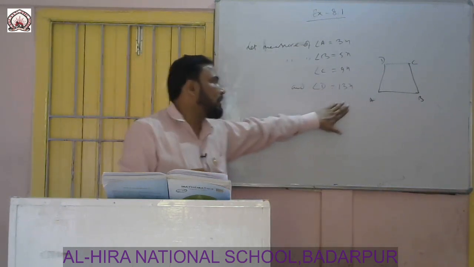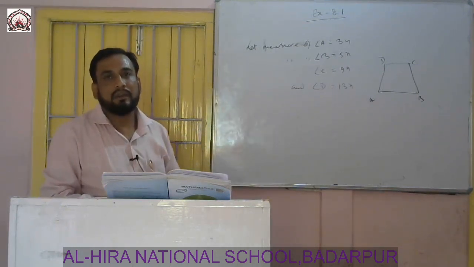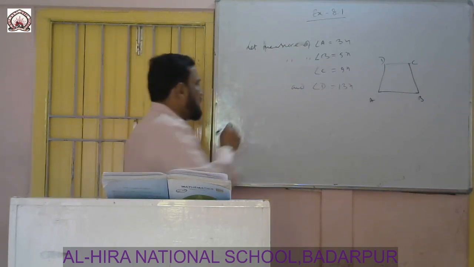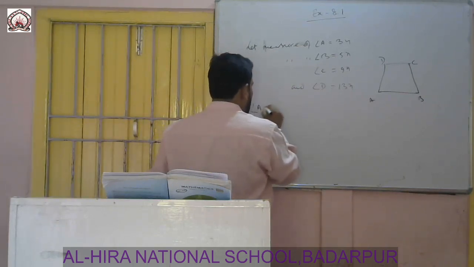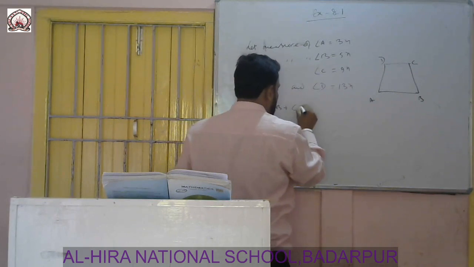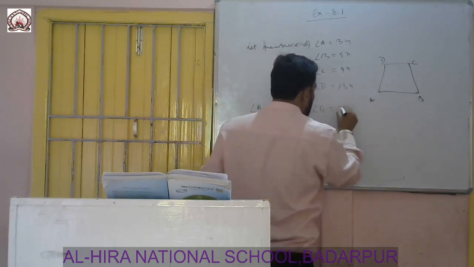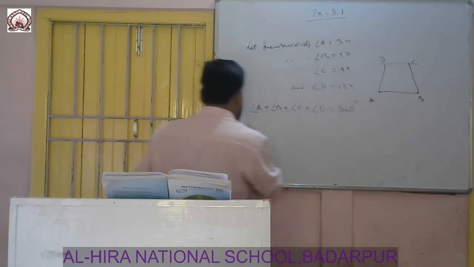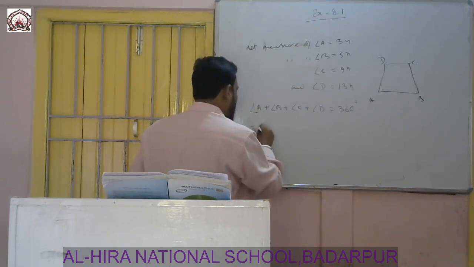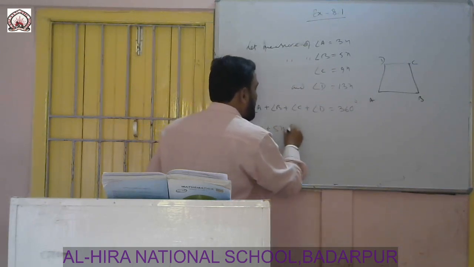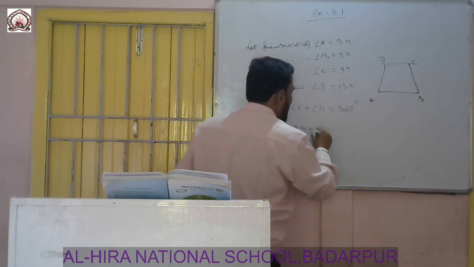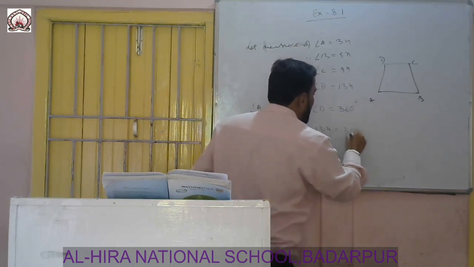According to the angle sum property of a quadrilateral, the sum of the four angles is 360 degrees. Therefore, angle A plus angle B plus angle C plus angle D is equal to 360 degrees. That implies 3x plus 5x plus 9x plus 13x is equal to 360 degrees.